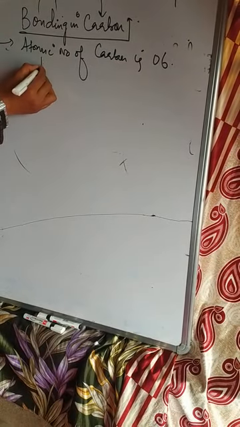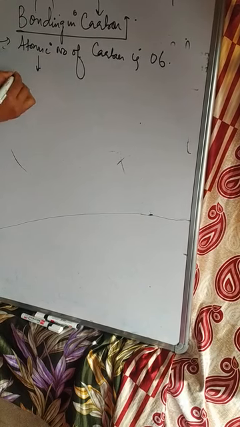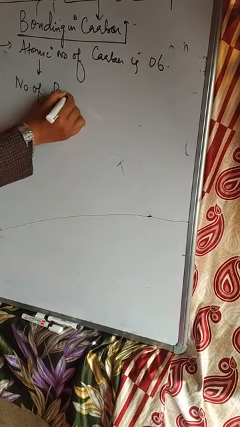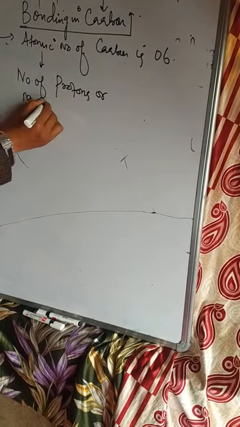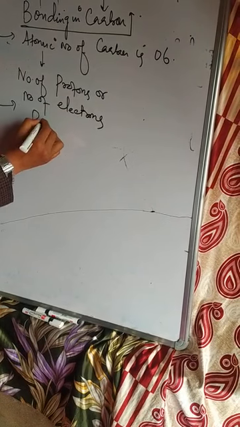And we have discussed this atomic number. Let me recapitulate it. Atomic number is actually the number of protons or the number of electrons, and the number of protons is always equal to the number of electrons.